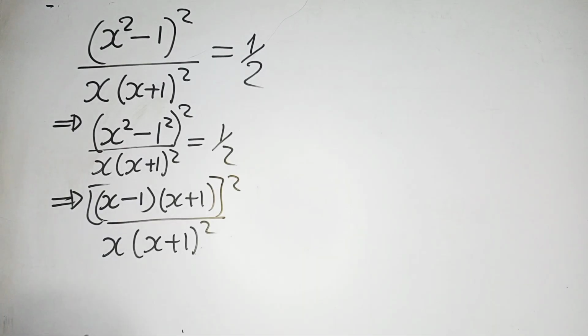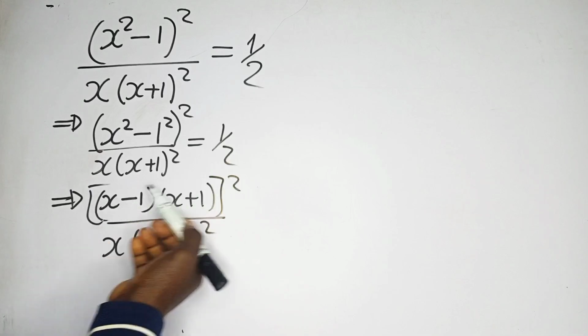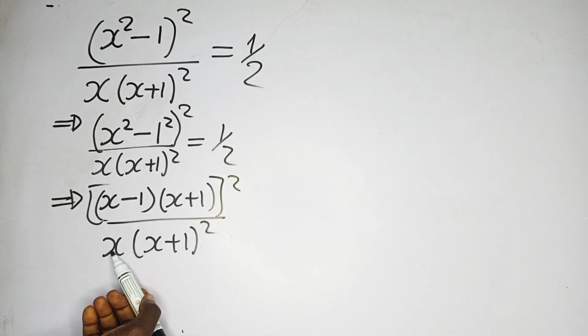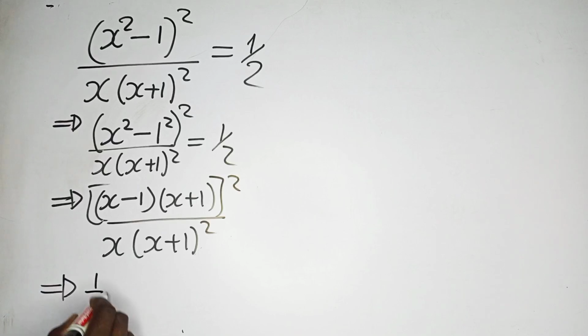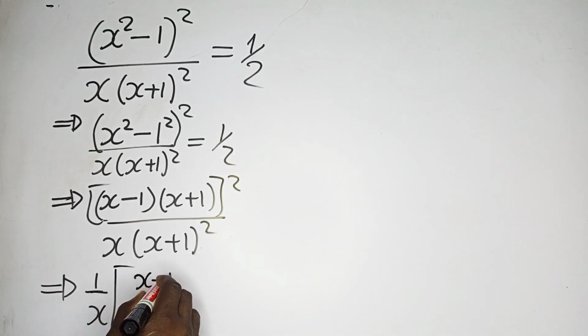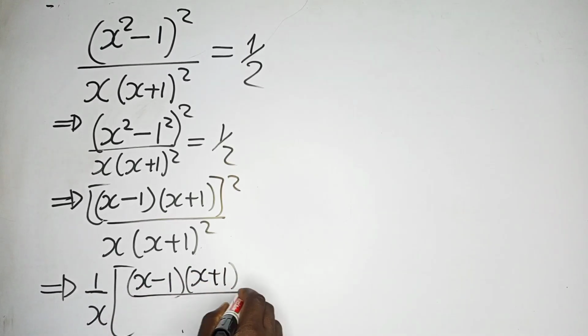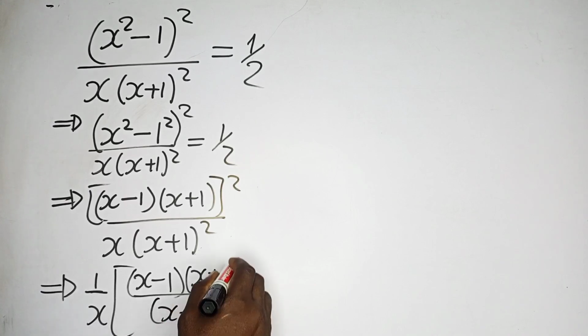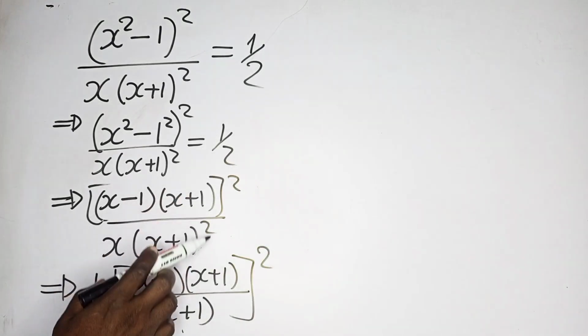Now we notice the power at the numerator is the same as the power here, so we can write the expression as [(x − 1)(x + 1) over x(x + 1)] with the power written once, since it was up and down.